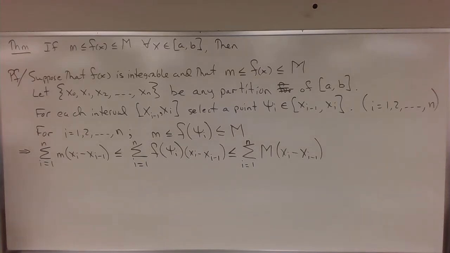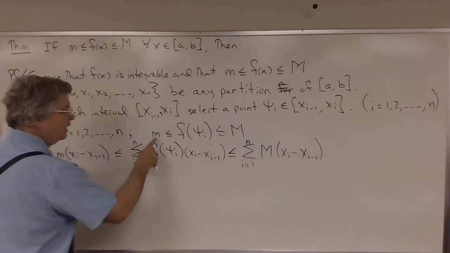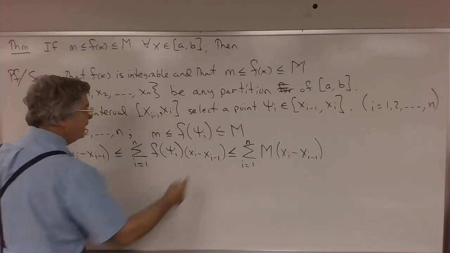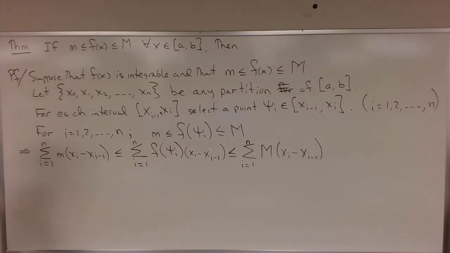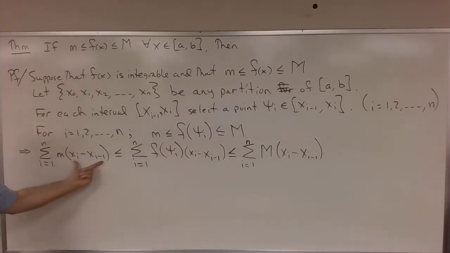So essentially, I've taken each of these sides of the inequality, m, f of psi sub I, capital M, and I've multiplied all three sides of this inequality by x sub I minus x sub I minus 1. And then I just let I go from 1 to n.